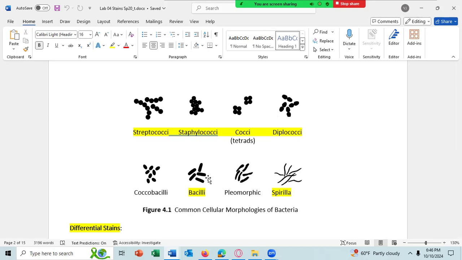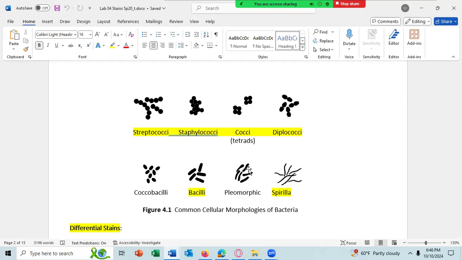And there are a few cells which are pleomorphic, where they have more than one cell shape. There's only a few species that do that. Most of them are monomorphic in their shape, but there are some which are pleomorphic, in which case the cells can take on essentially any appearance.